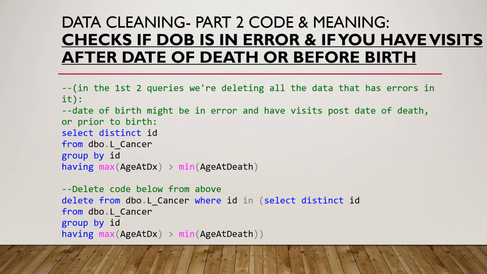That was the database I was using in my HAP 464 class that I got this code from. Group by ID having max age at diagnosis greater than the minimum age at death. And then we delete that code from above: delete from dbo.l_cancer where ID and then it's that same code as above.